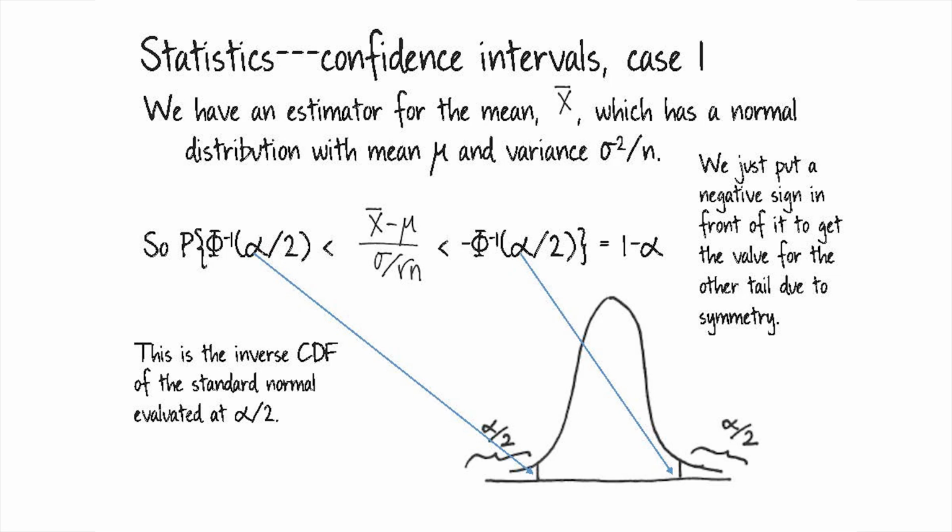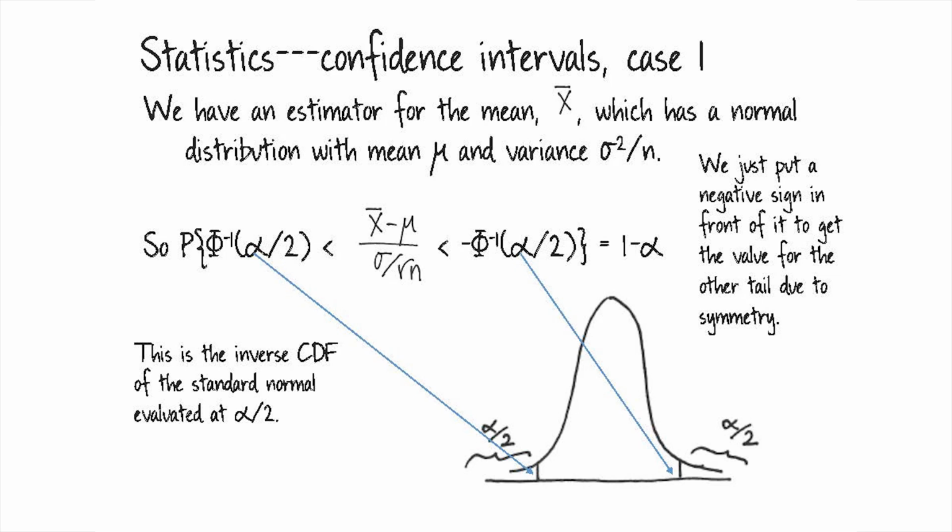Got it? Okay. Now, over here, what's this number? Well, we could have done 1 minus capital phi inverse of alpha over 2, but because of symmetry, we just put a minus sign in front of that one, which is fine. Okay, so does everyone believe this probability statement and see where it came from?